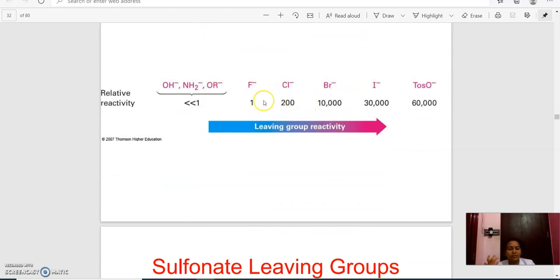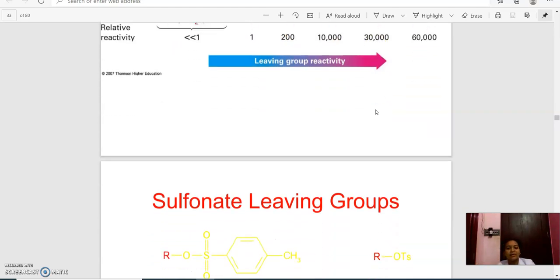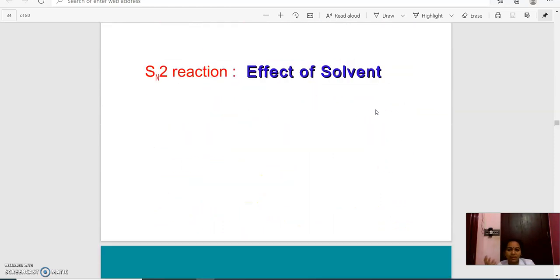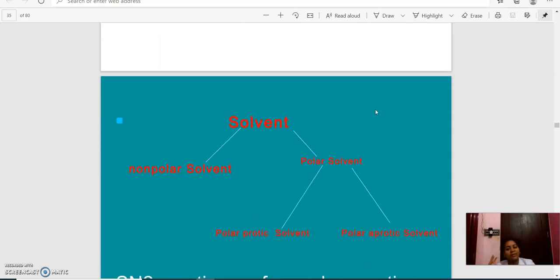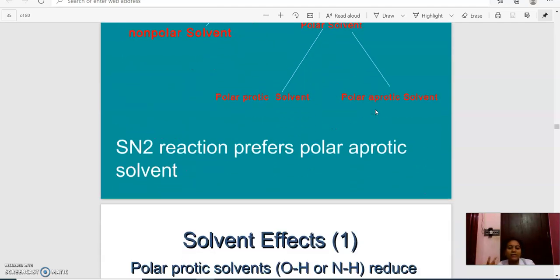Fluorine is less reactive compared to iodine, for the same reason: iodine has a high molecular mass and less nuclear attraction. So the carbon-iodine bond can easily break, because it is a good leaving group, so it can easily leave.